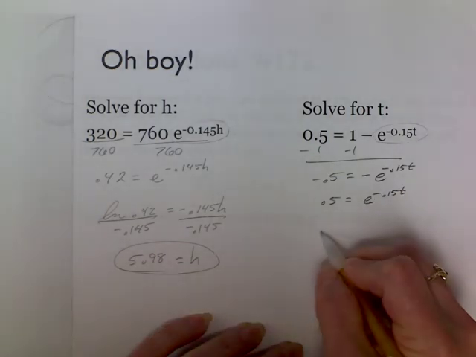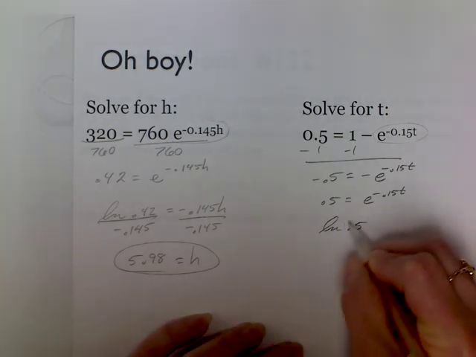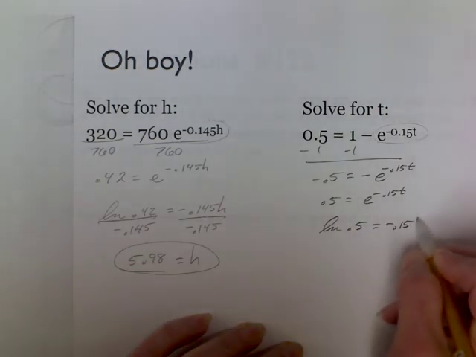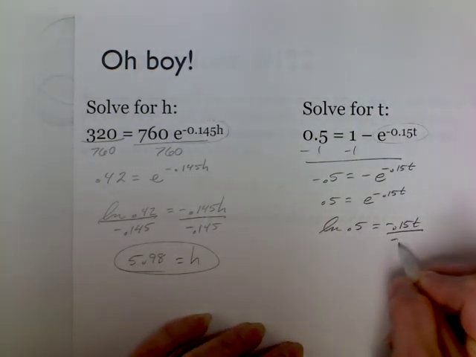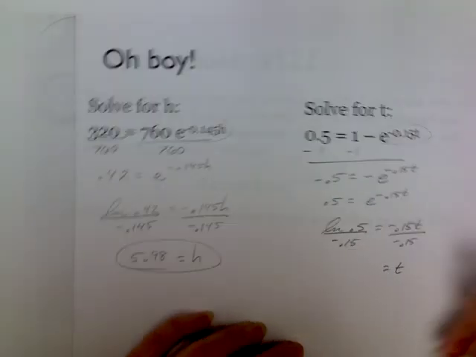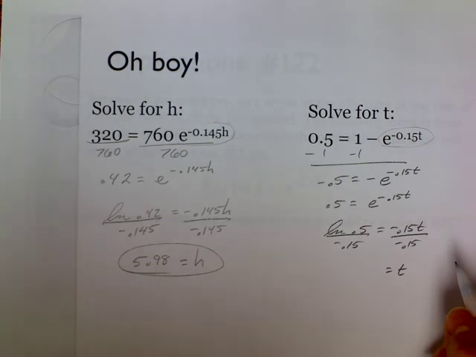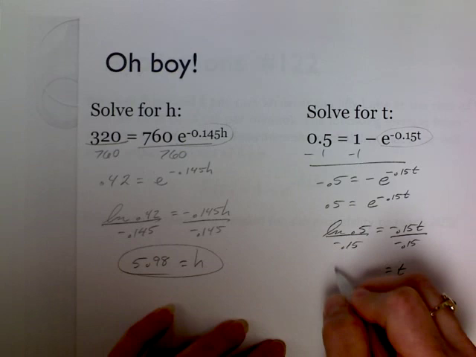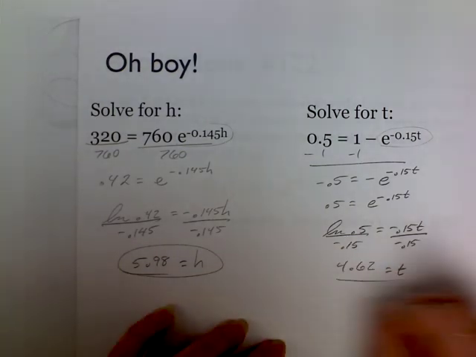And then change its form. And divide. Now at this point we're ready to grab a calculator and see what we got. And I have 4.62.